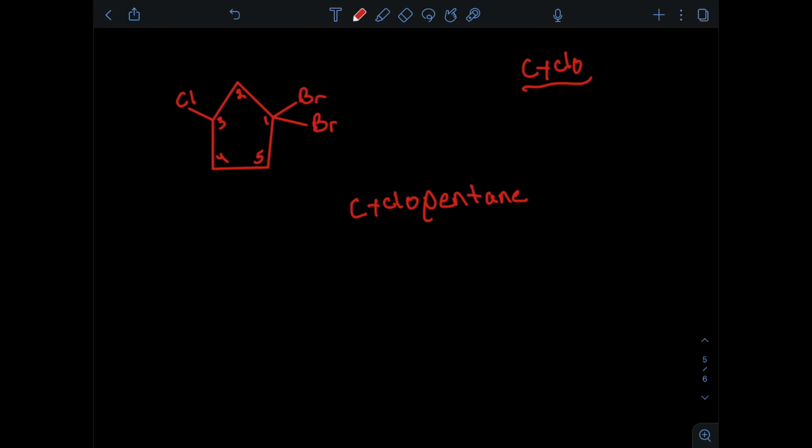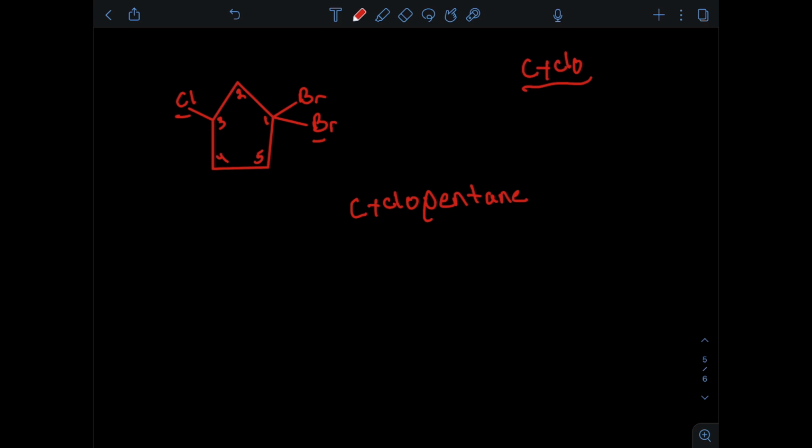So which direction will we start numbering? So the halogens, and we have here 2 bromides and a chloride on this compound, are in the same ranking, meaning that one doesn't outrank the other. So how you name them is by alphabetizing. B comes before C. So I will start numbering there first.